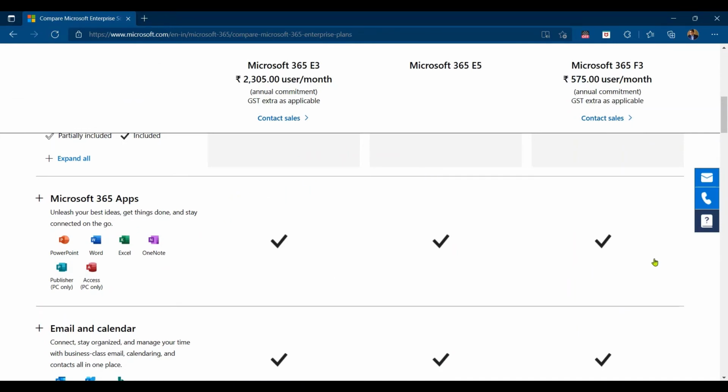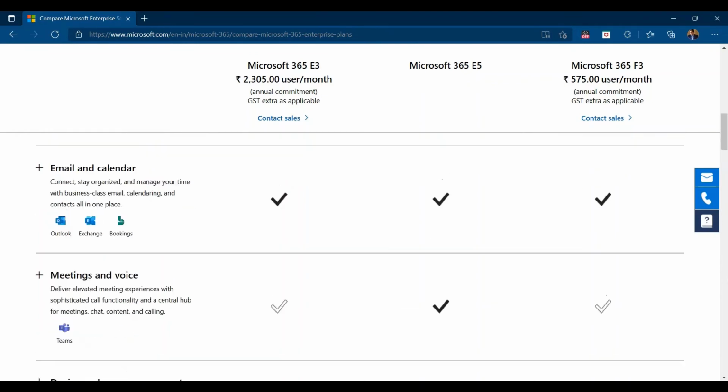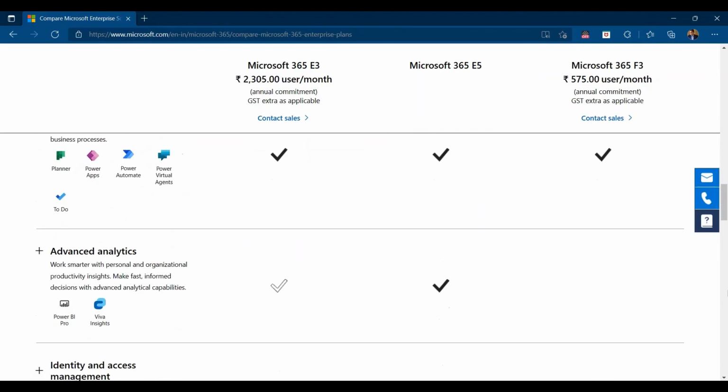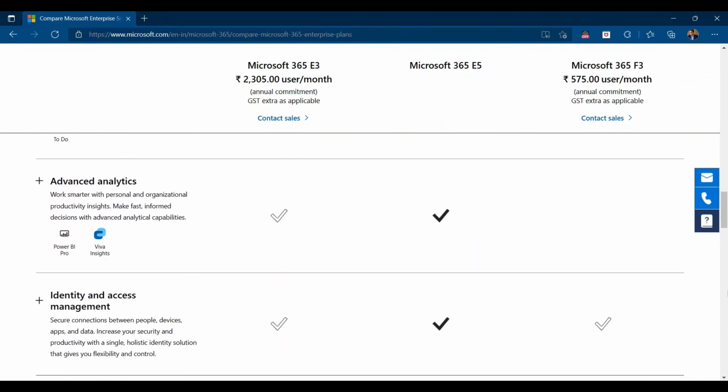The key difference would be especially on the meeting side. You normally get all the desktop apps which you pay for, and these all come with the enterprise license. Especially on the meeting side, you would have certain constraints when it comes to meeting capacity and all. That's where E3 and E5 differ. And also on the analytics and security part, E5 gives you everything.